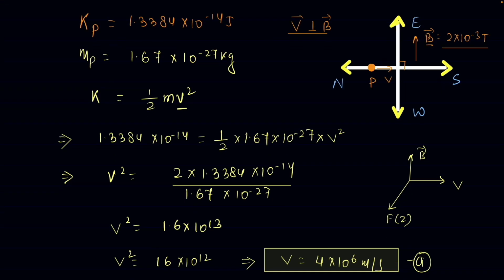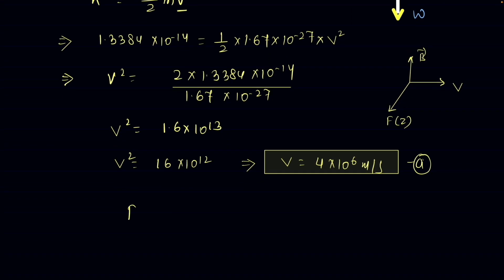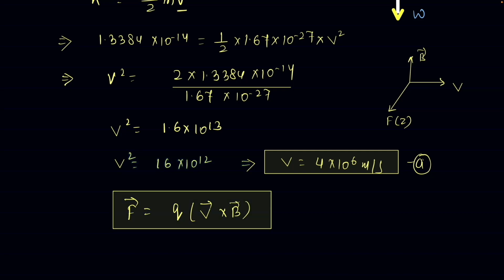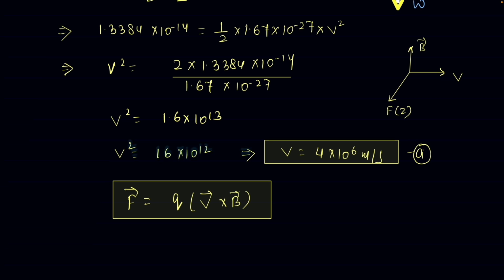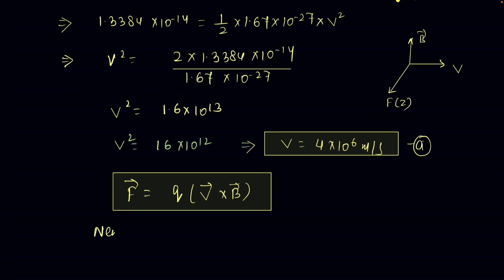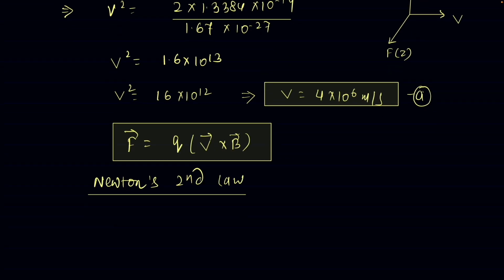We know the force formula is Q v cross B. This is the magnetic force acting on the proton. And based on Newton's second law, force is equal to mass into acceleration.